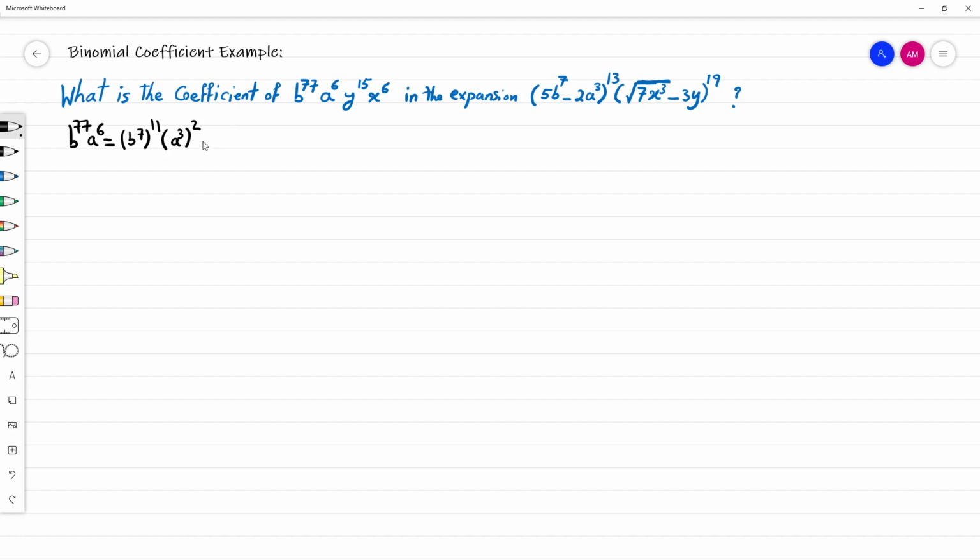The only reason we are doing this is because effectively you can see that 11 plus 2 is equal to 13. And that is in line with this 13 that you see here. So it validates the fact that this can be a factor resulting from this first binomial expansion that is observed here.